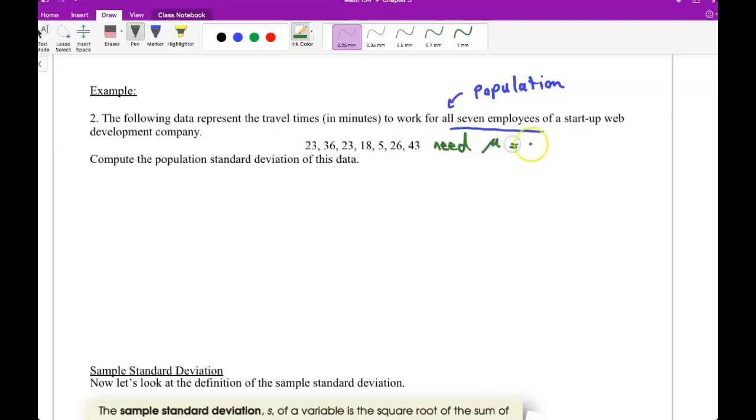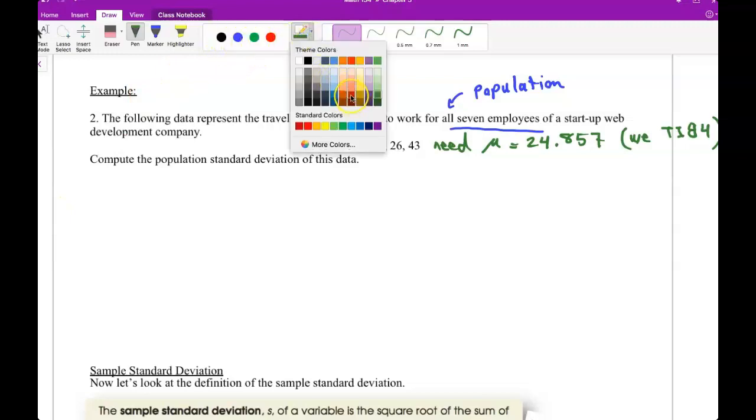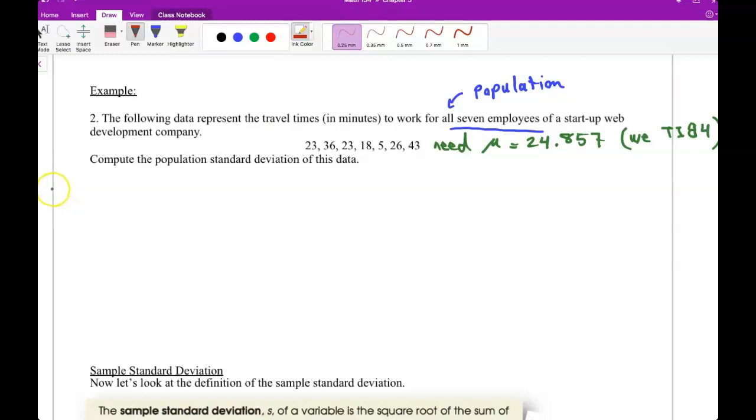Mean is 24.857, and we used the TI-84. Now finding population standard deviation.